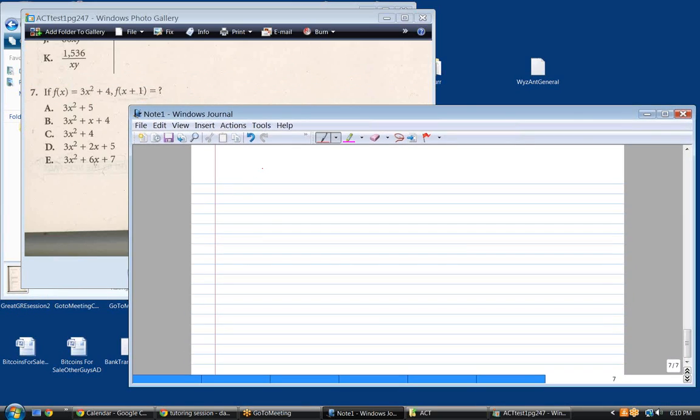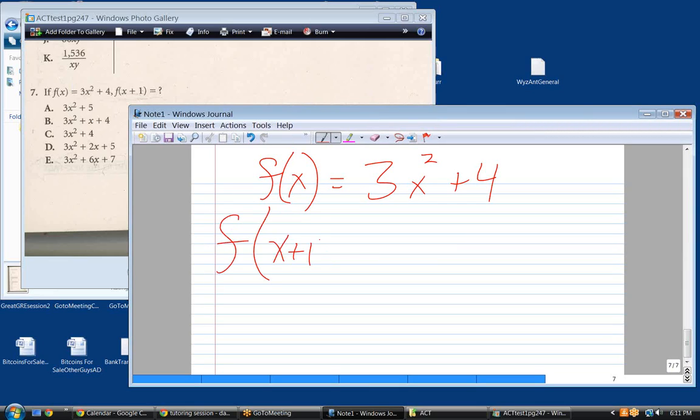Here's a little more complicated one, because f of x is equal to 3x squared plus 4. And they're asking, what is f of x plus 1? Also notice their answers all have x in them. So what's the first thing I'm going to do? Let's take it step by step.